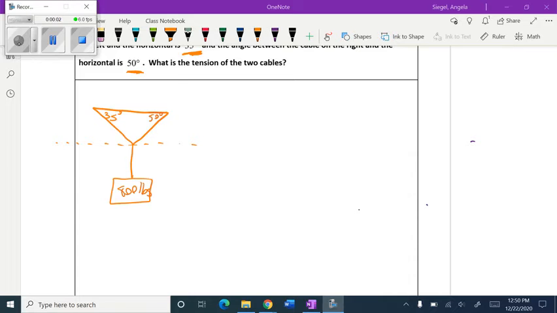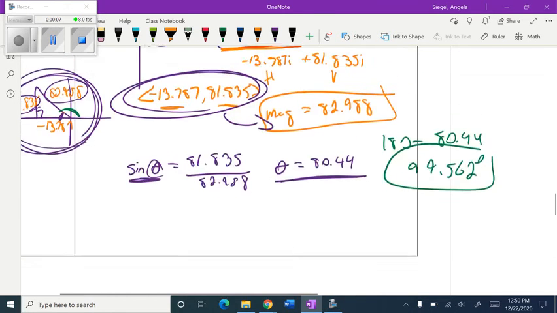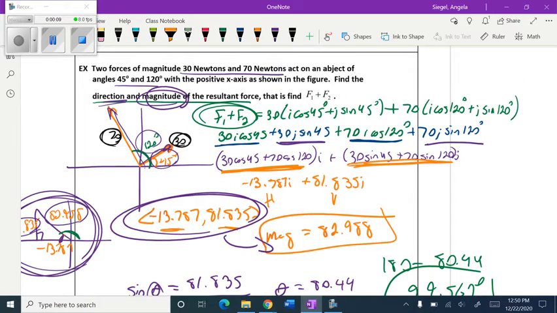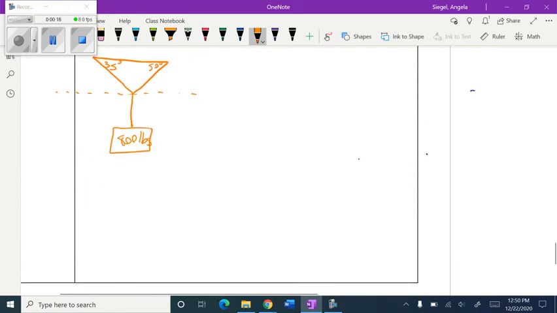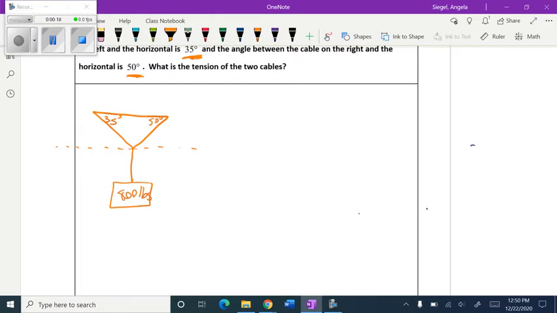And when you're doing this, I want you to think about the problem that we did before with these two angles that we were dealing with, because it's not going to be what you think. So when we have this force, we're not using necessarily these two. What we're going to do is we're going to do the force here and then the force here. Well, because these are parallel, this force is 50 degrees, so that matches.